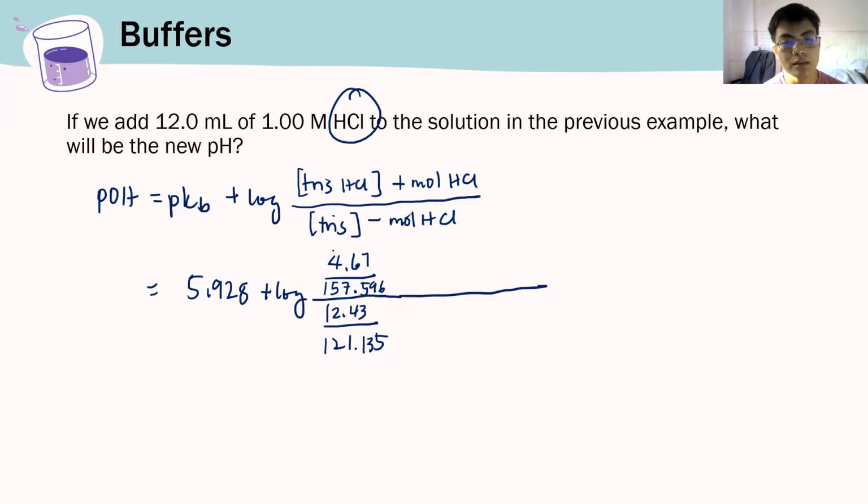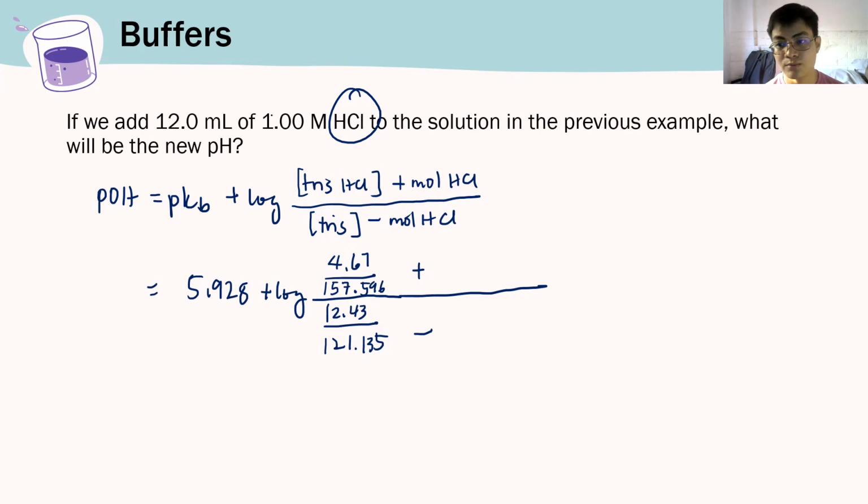But keep in mind, these are moles. Molarity times ml is millimoles. So we should convert to liters to get moles. Last time we didn't do that because we were solving with volumes and millimoles. But this time, these are moles.